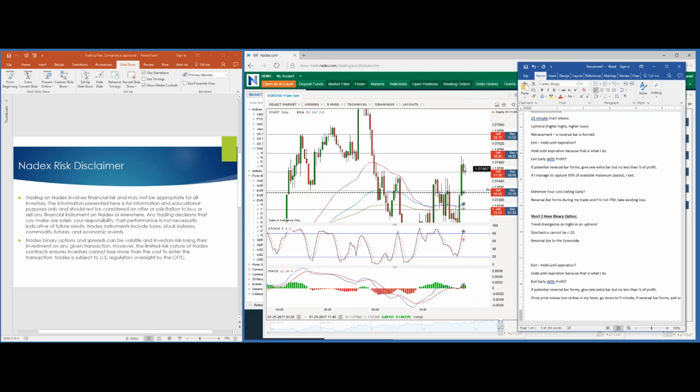Now, this is your problem. This is a potential reversal bar. This is an inside bar. It did not close below the low of this bar. Do you still want to go short? That's not in the trading plan. Where's the trading plan?